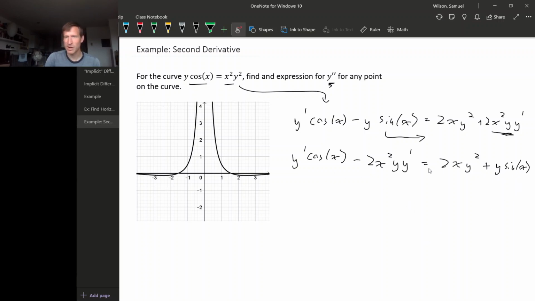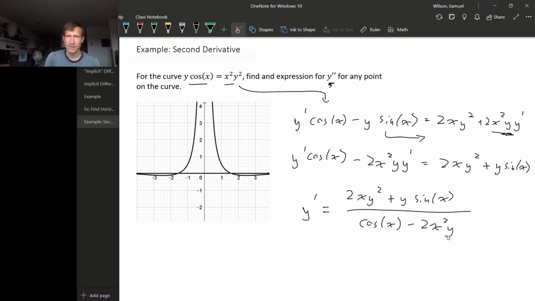Now factor out the y prime and divide. Y prime equals 2x y squared plus y sine x over cosine x minus 2x squared y.